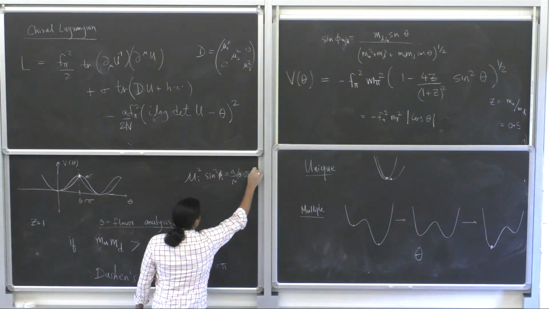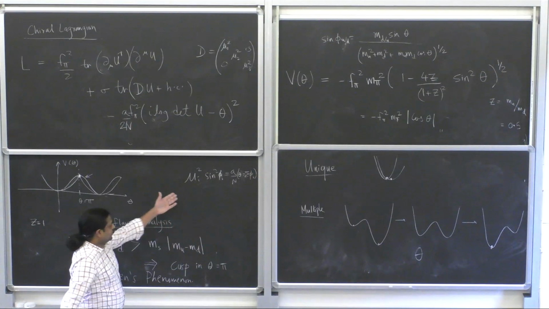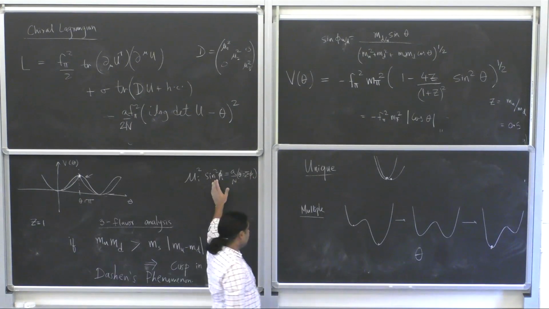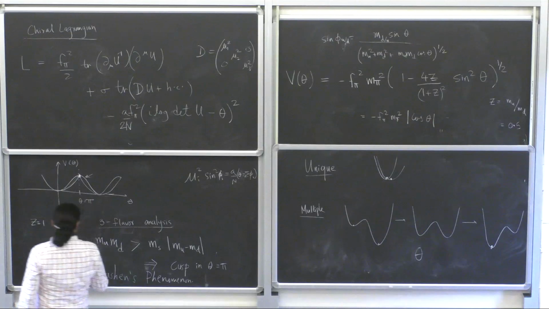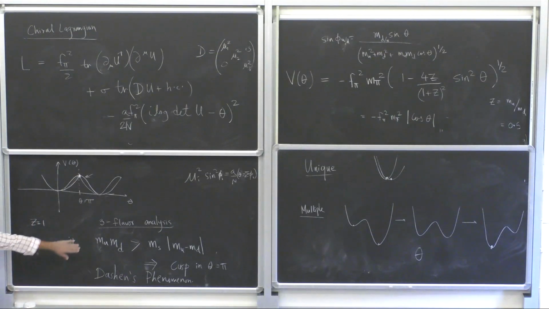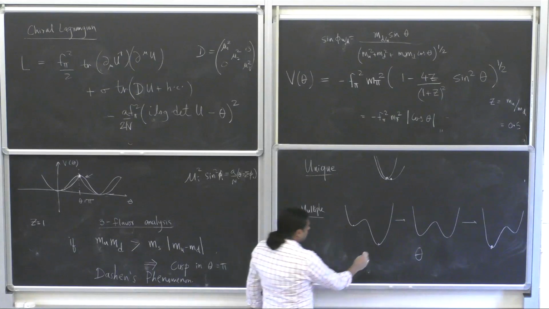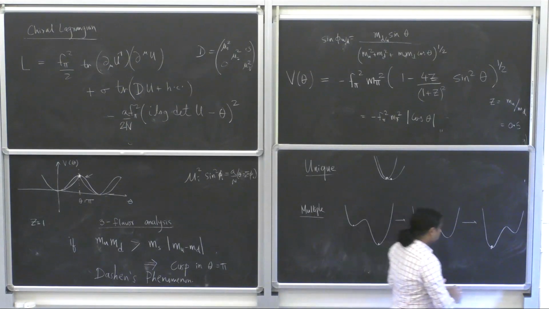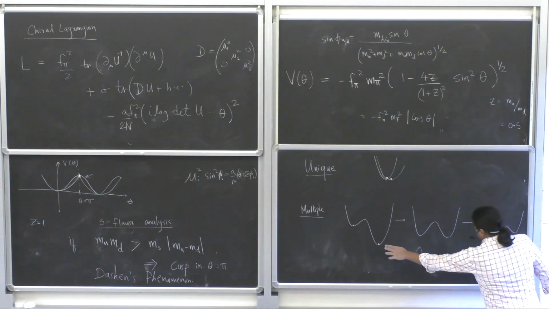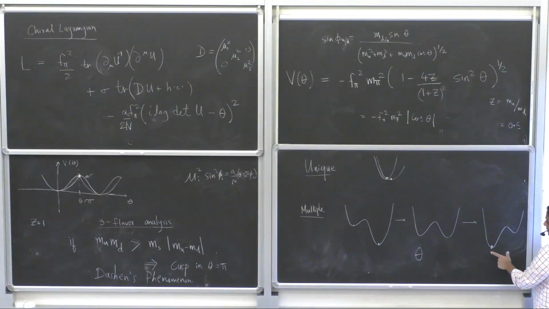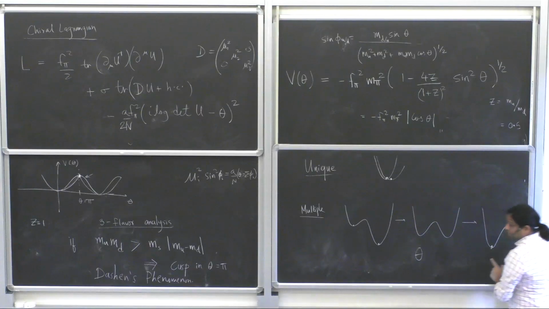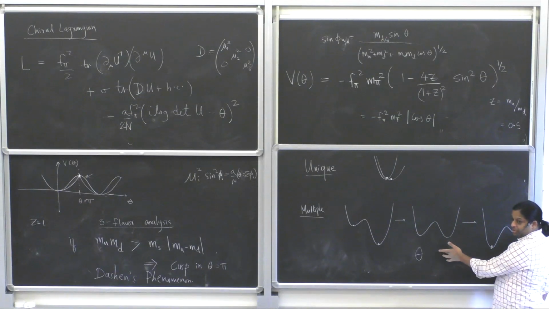So this was our equation of motion. Because this is a function of sine theta, it could have multiple solutions. Indeed, what you can show is that there are multiple solutions to that equation. As a function of theta, the lowest energy of the system could go from this branch to this branch, and it would actually have to cross at some point.